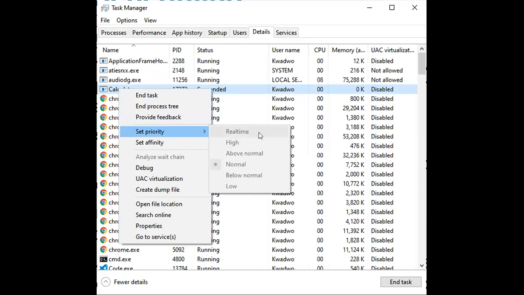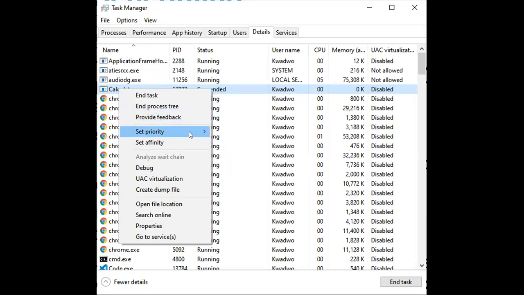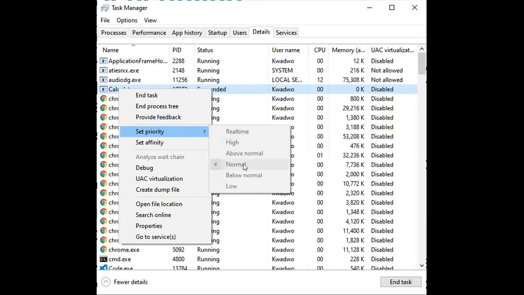We have real time, high, above normal, normal, below normal, and low. Presently, my calculator is running with the priority as normal. I could use this to change the priority of my calculator. So this is the priority scheduling we are talking about.